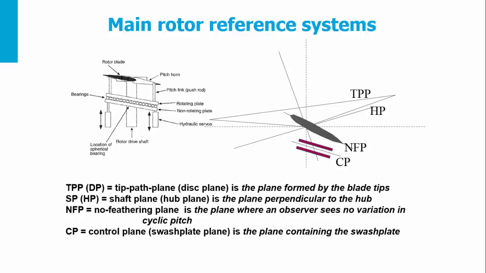The shaft plane is the plane perpendicular to the hub, but there also exists the no-feathering plane. The no-feathering plane is the plane where an observer sees no variation in cyclic pitch. The control plane, or the swash plate plane, is the plane which contains the swash plate. As we are dealing with the flapping motion, we are going to study this in the control plane.